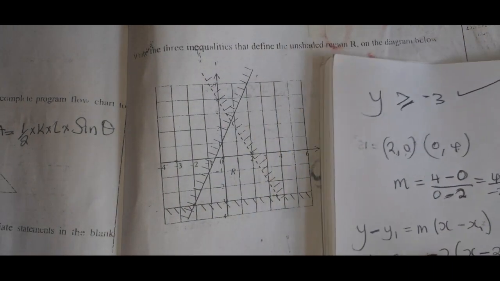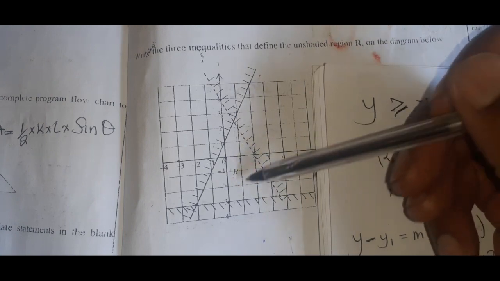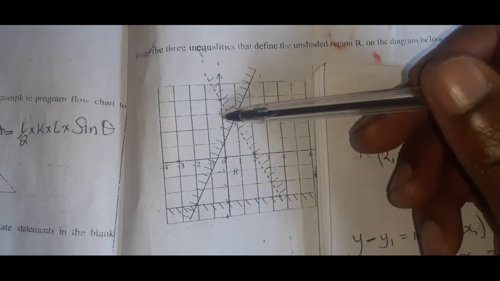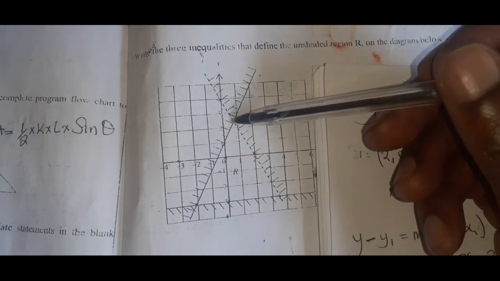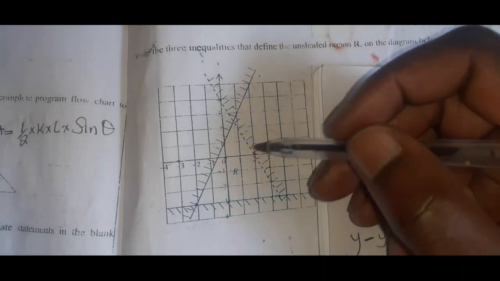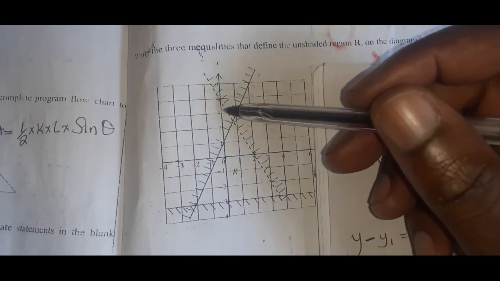Then now take note here. We need to know which part is required. So this part that is not shaded, where this R is found, is below the line. As we come here, these are less. And when you look at the line, it's dotted.